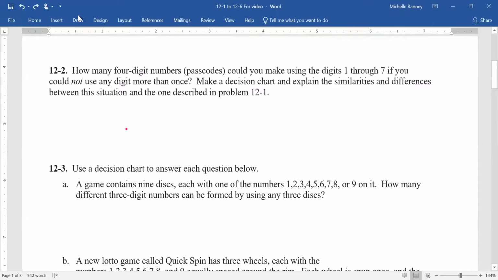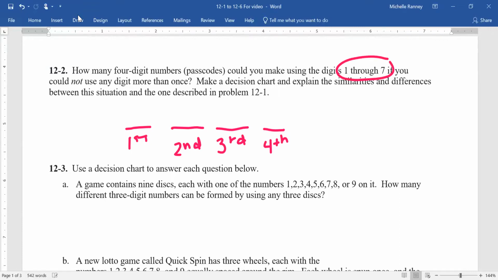So I am going to have 1, 2, 3, 4, and I'm going to have my first digit, my second digit, my third digit, and my fourth digit. Now for my first digit, again, we have the numbers 1 through 7.